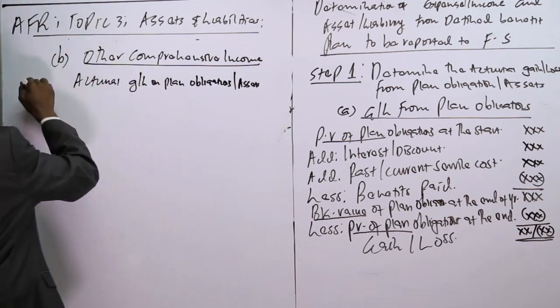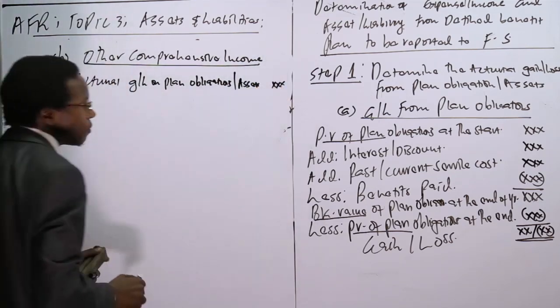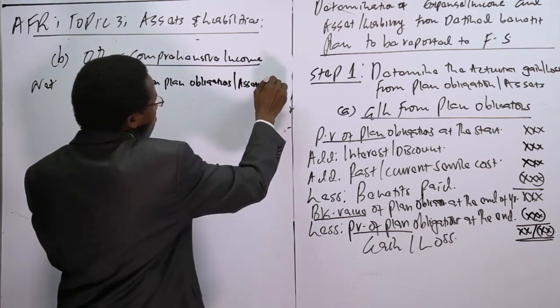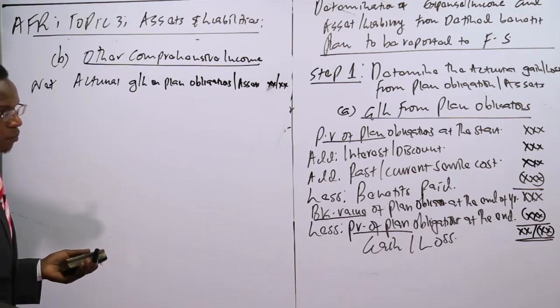So it's good to always offset and determine the net figure. It can be a gain or it can be a loss under other comprehensive income.